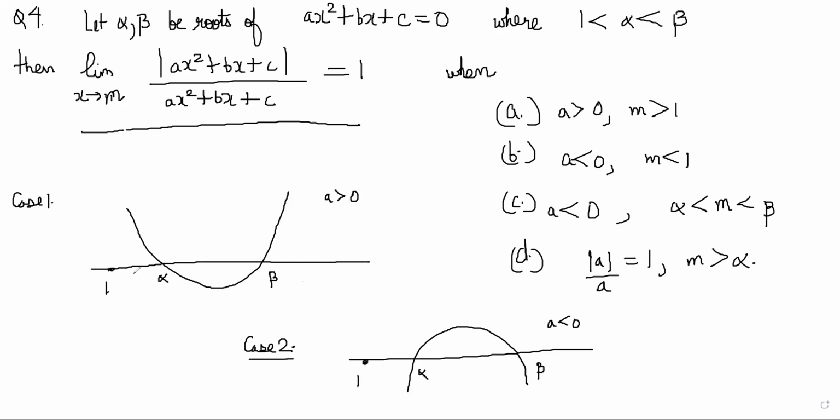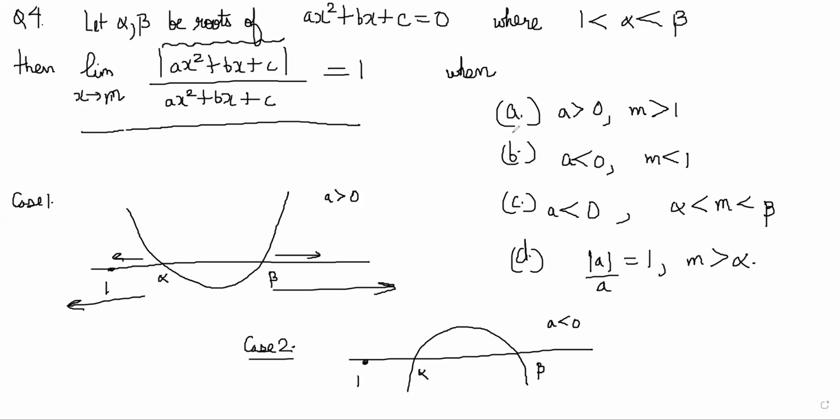So in case one, this is the quadratic, one is here, alpha, beta, roots here. So when will the mod part be positive? When the quadratic is beyond the roots, no? This portion and this portion, the mod is positive and it will cancel and become one. So your m should be here or here, right?